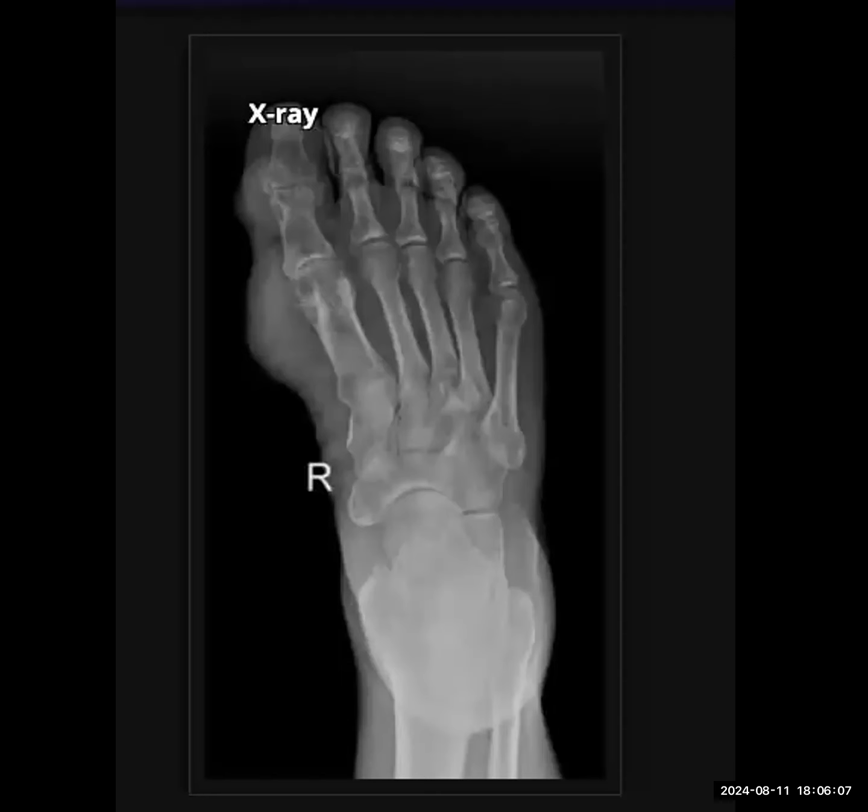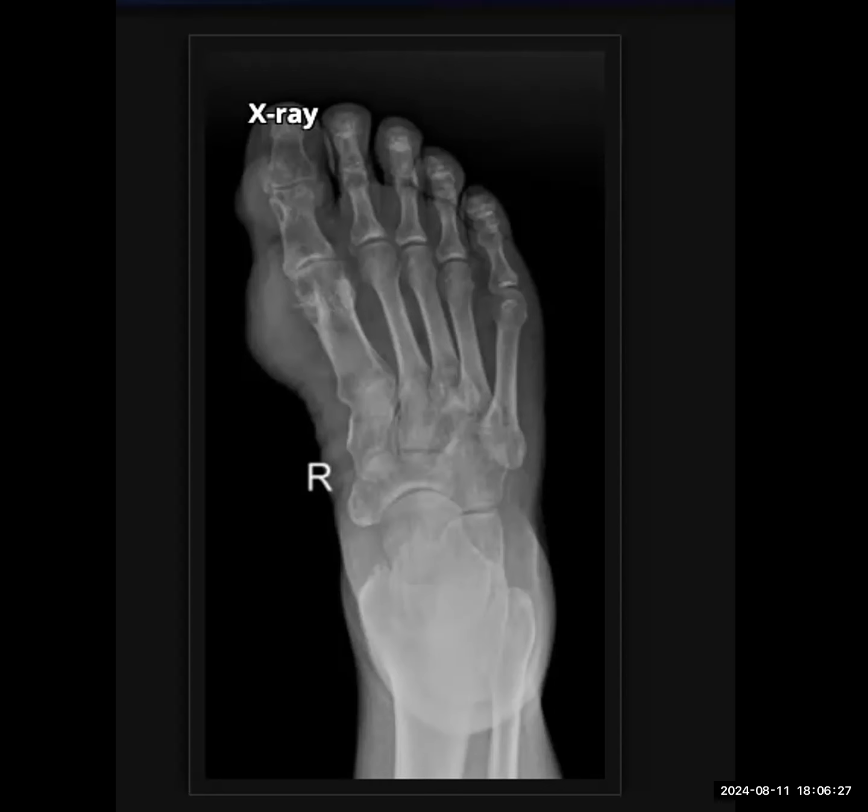The zone of transition is narrow, so this is a non-aggressive type of erosion. Looking at the other joints, the rest of the metatarsophalangeal joints and interphalangeal joints are relatively normal. The midfoot and the hindfoot in this view appear normal.